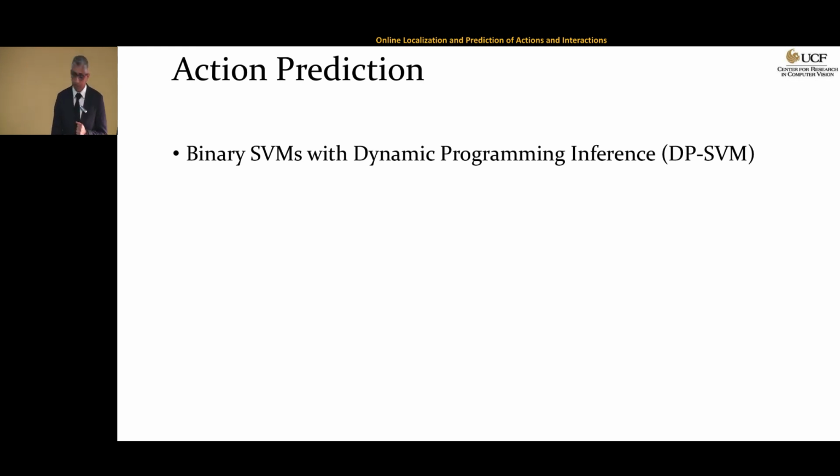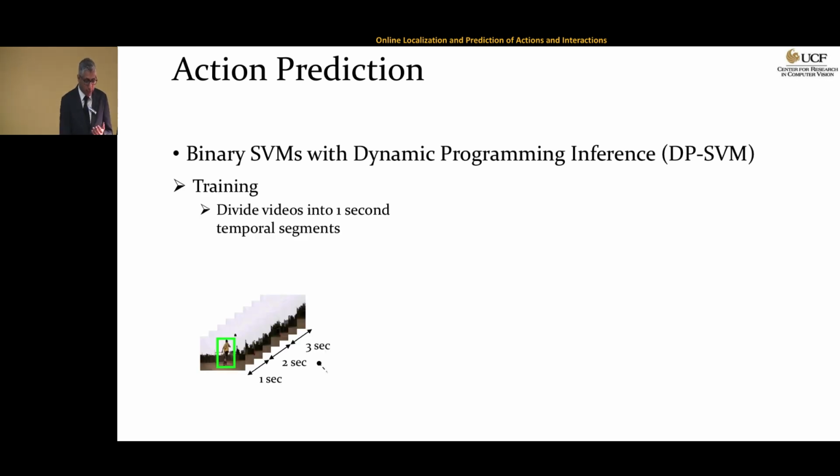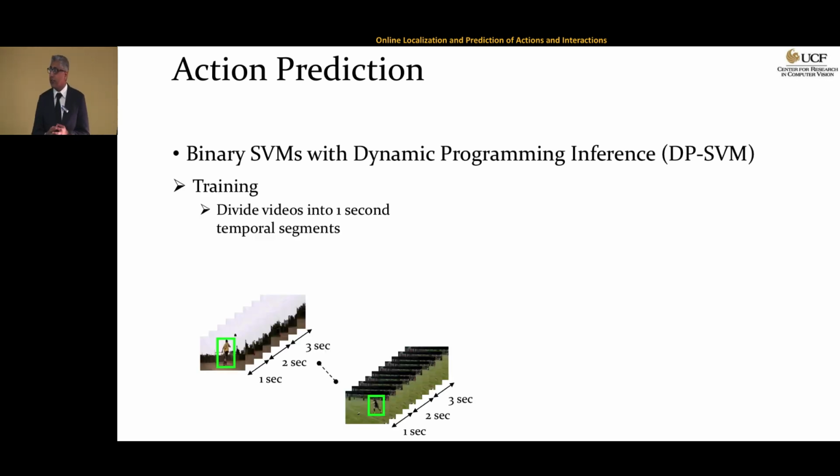In training, we have a lot of videos for each action. We divide each video temporally into 1 second segments. So we have these segments from 0 to 1 second of that video, 1 to 2, and so on. We do that for each video of each action, and then we learn a binary SVM for each one of those segments.